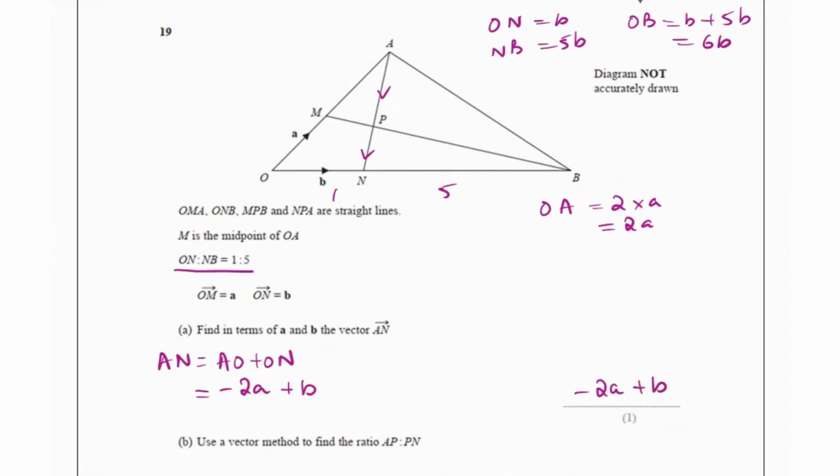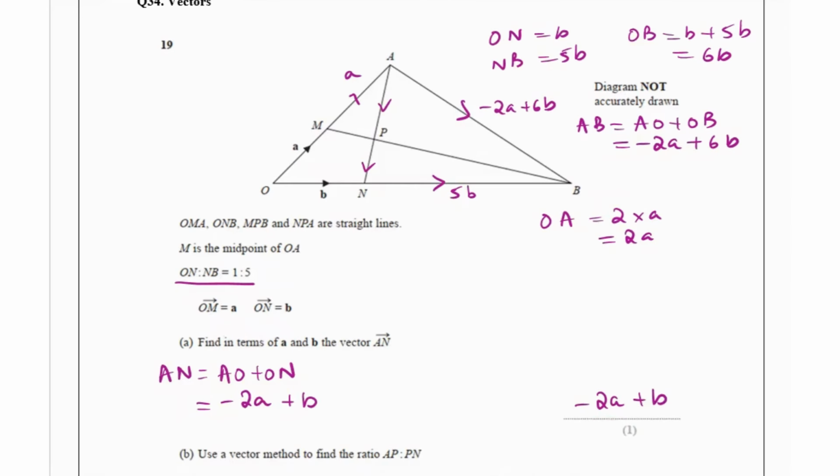So we have ON, we have NB, we have OB now. If we have OB, we already have OA, we can find AB. AB is going to be AO plus OB. AO is negative 2A and OB is 6B. So AB is negative 2A plus 6B.